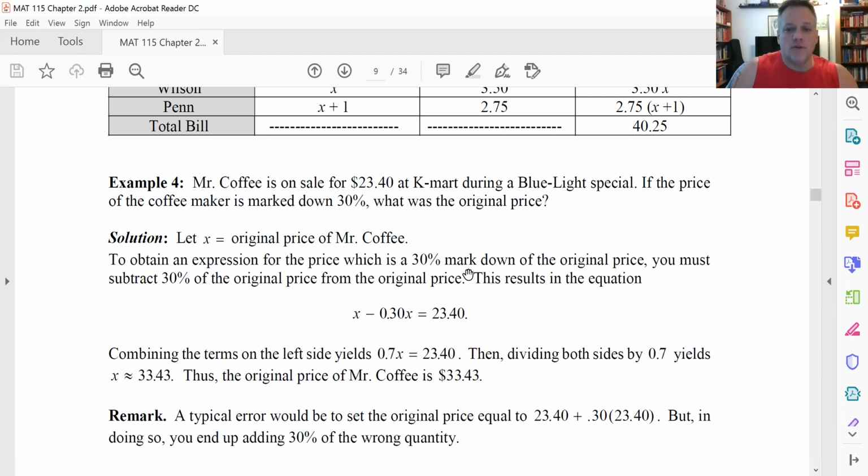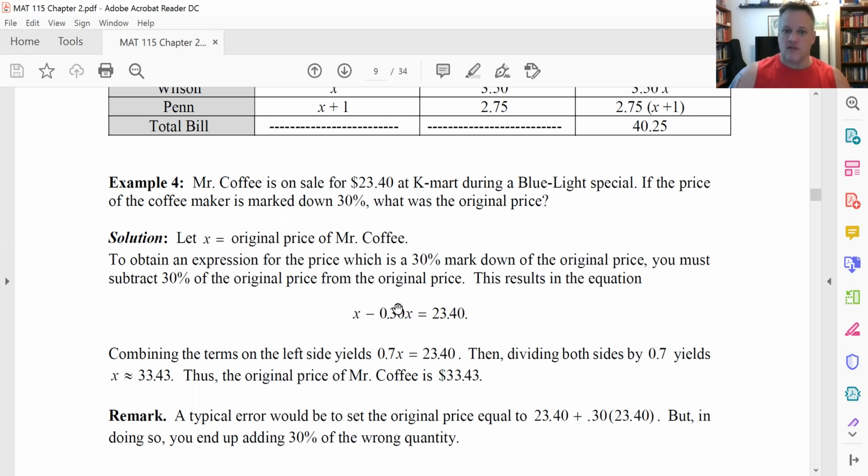Okay, so what we'll do, we know that if that's the original price and the given price here is 30% marked down, then what we would do is subtract 30% of that cost from that cost to get the $23.40, right? So this expression on the left-hand side means the original price minus 30% of that price.